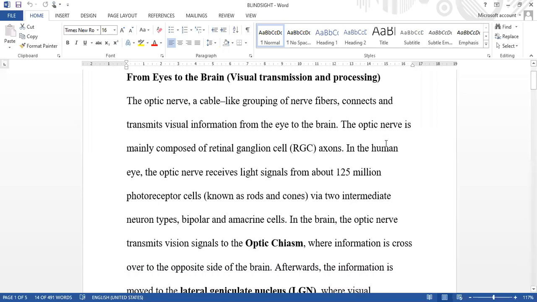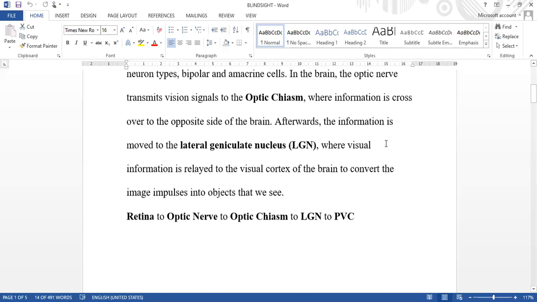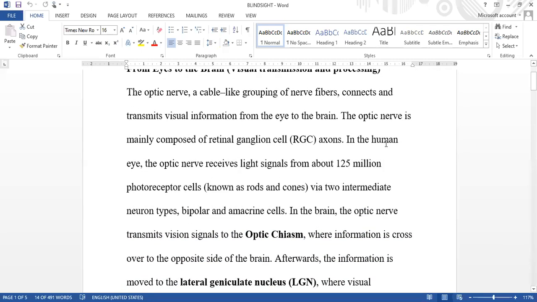So remember I said the optic nerve will be the one to send the electrochemical energy to the brain. The first region of the brain that will receive this information is the optic chiasm. The optic chiasm is an X shape.